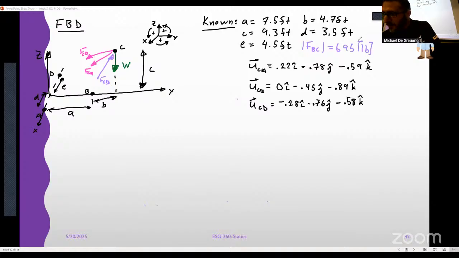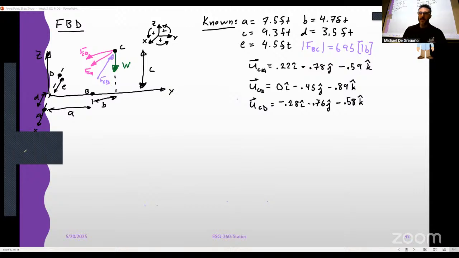And we were told specifically that that is in compression. And that is important because it flips the sense of our vector, right? Which means that we're not really talking about this unit vector anymore, talking about this unit vector.